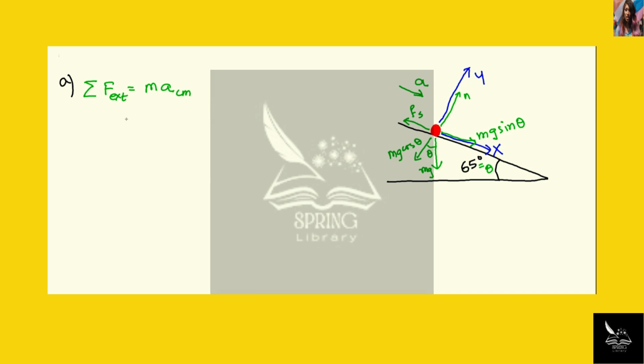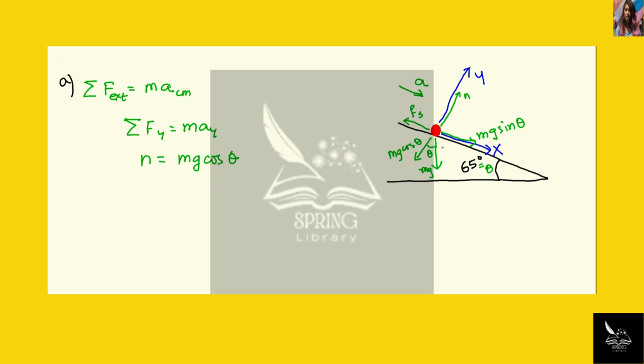So along the y-axis, we have Fy, which is equal to m times Ay. From there, we have N, which is equal to mg cosine theta. So that's the normal force, which is counterbalanced by the cosine component of mg.